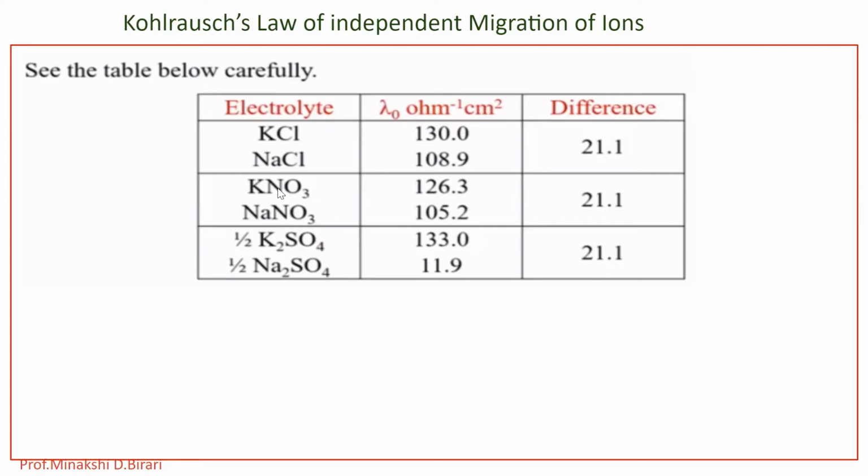Here also for the potassium salt KNO3 and NaNO3, the difference is 21.1. Similar results are obtained for the other pairs of electrolytes with either anion or cation in common. This led Kohlrausch to state his law of independent migration of ions. The law can be stated as follows.